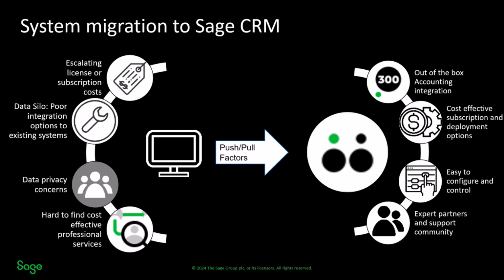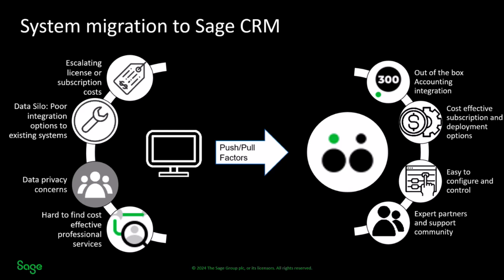When anyone adopts a new system or new technology, there are going to be some push and pull factors involved in the decision, and it's exactly the same for Sage CRM. There are a number of different push factors that would mean that migration becomes a real possibility.